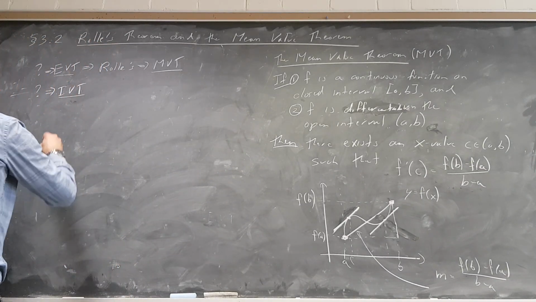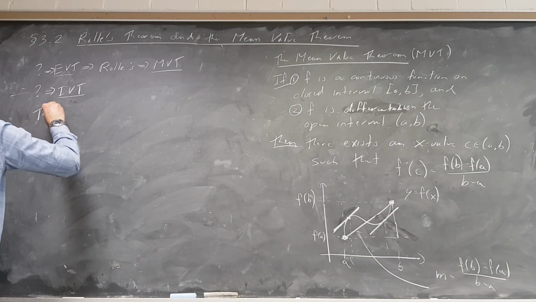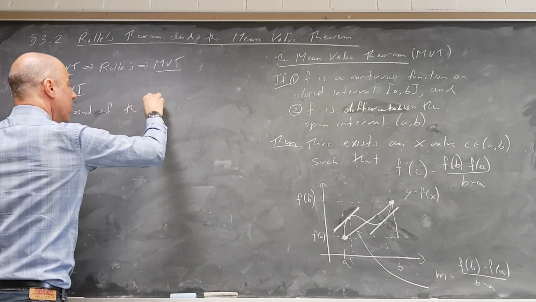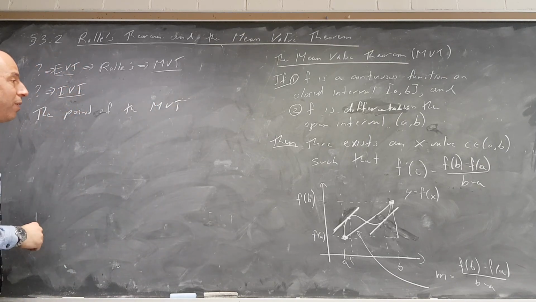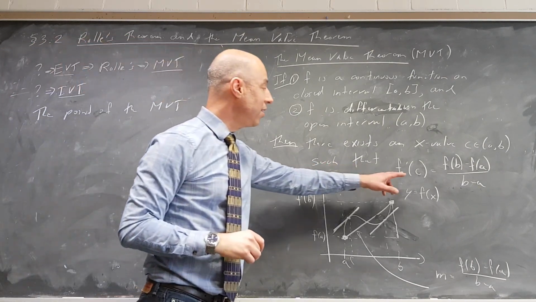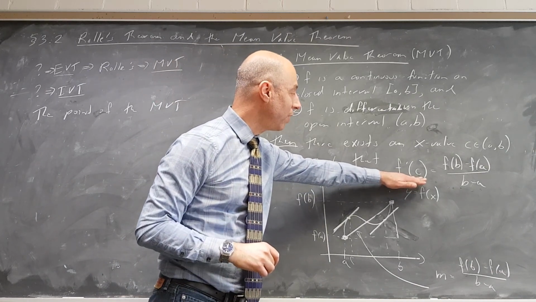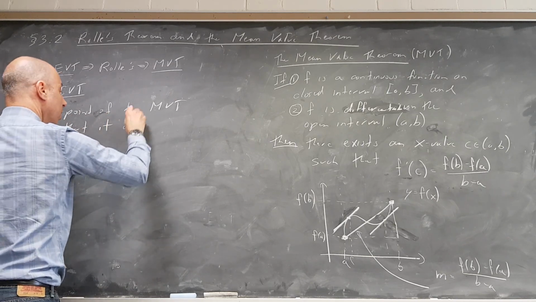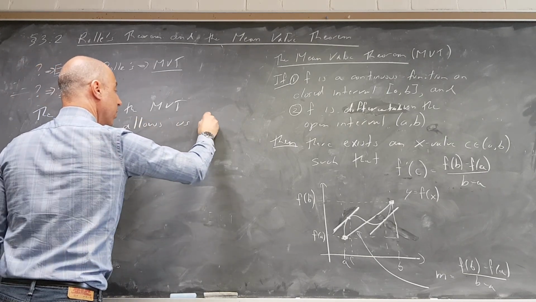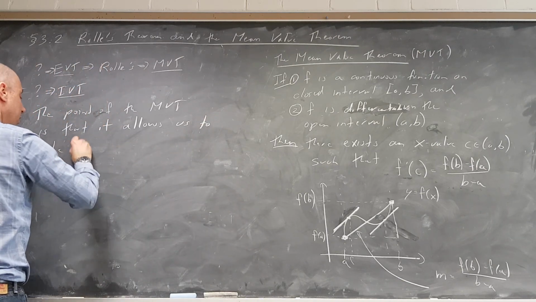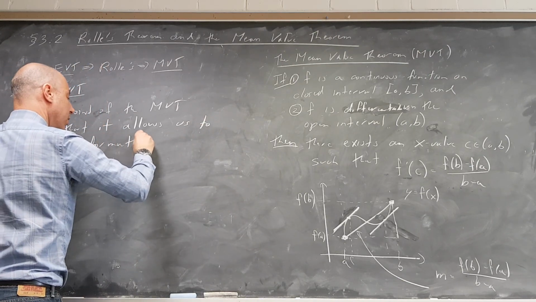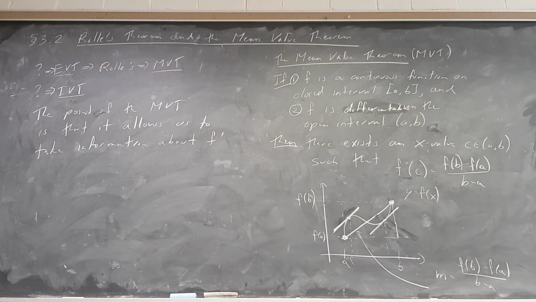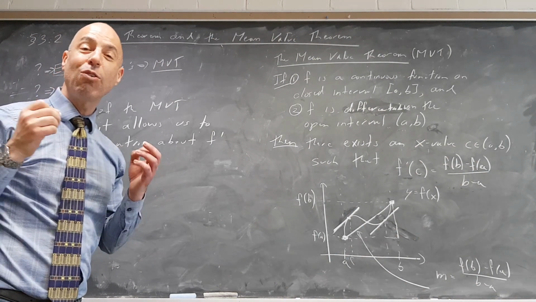The point of the mean value theorem is that it allows us to take information about the derivative, about f prime, and draw conclusions about the original function.